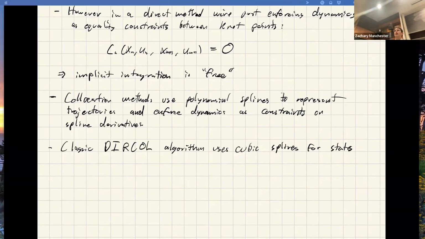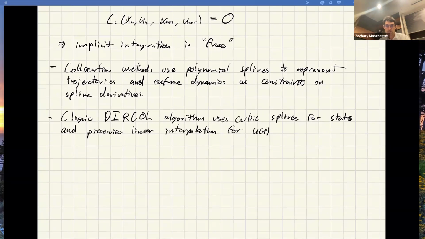And it uses first order hold or piecewise linear interpolation on the U's. Okay, so that's the gist.